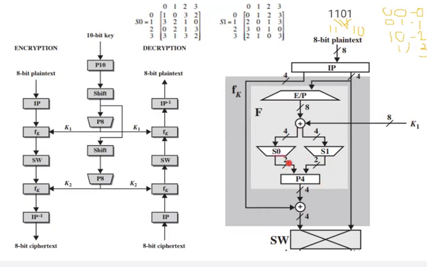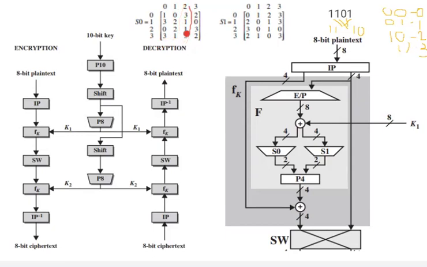In S0, right? So you have to consider this as a row value, and this as a column value. So row will be 3 and the column will be 2. You have to go into the S0 substitution box, then third row and second column.